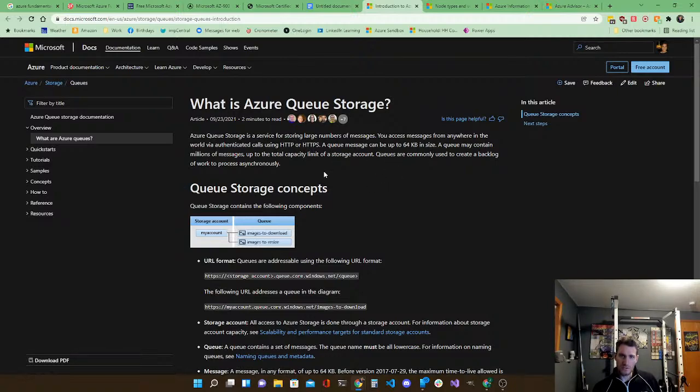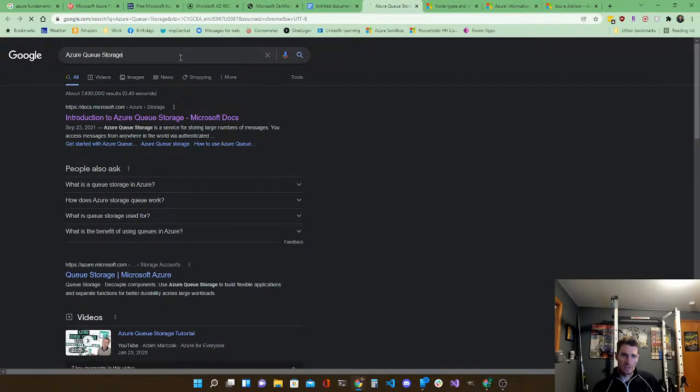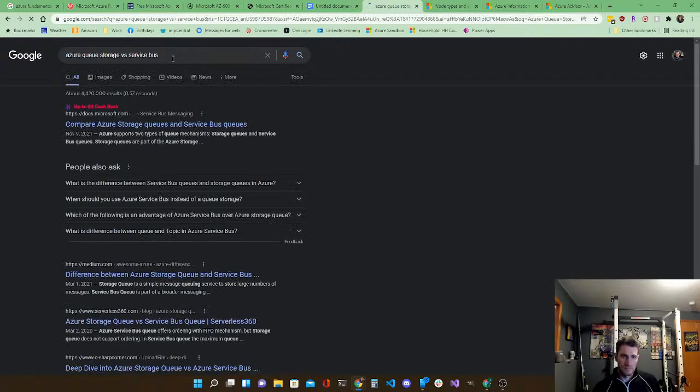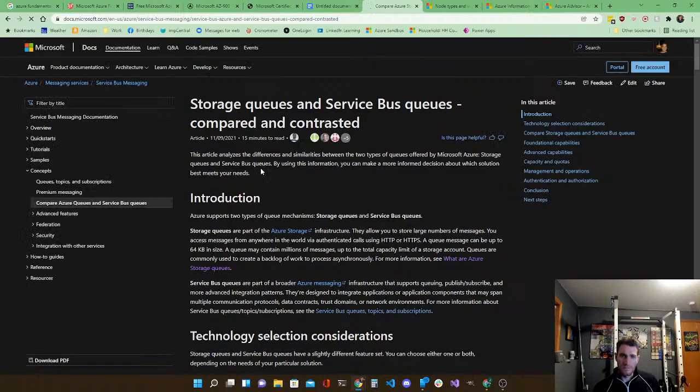Queues are commonly used to create a backlog of work to process asynchronously. So I know how queue storage works, but I wonder how that's different versus service bus. Differences and similarities.